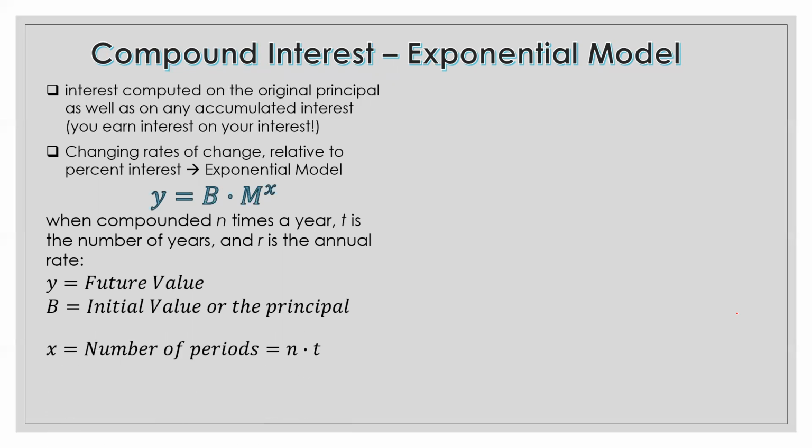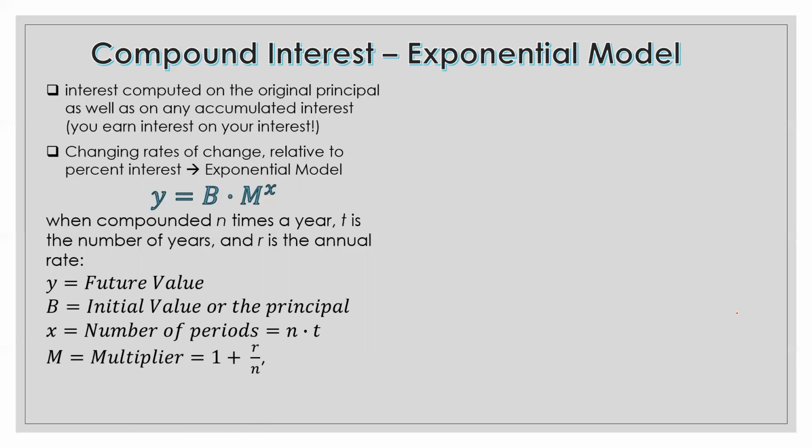M, the multiplier, let's take a look at X first. X is the number of periods that you have calculated the interest. That would be how many times a year times how many years, so n times t.